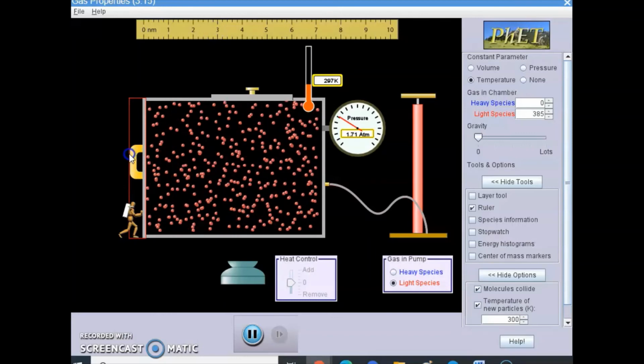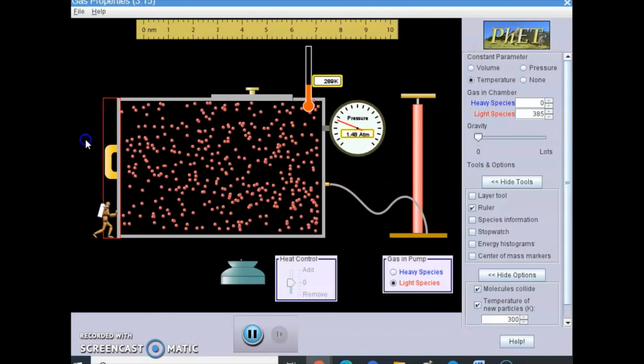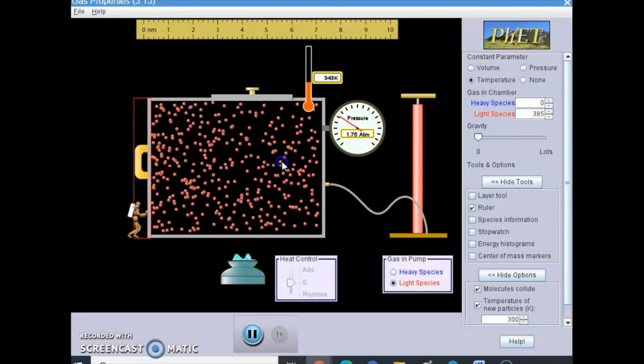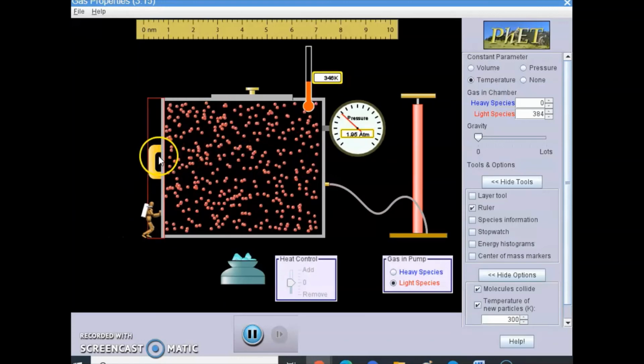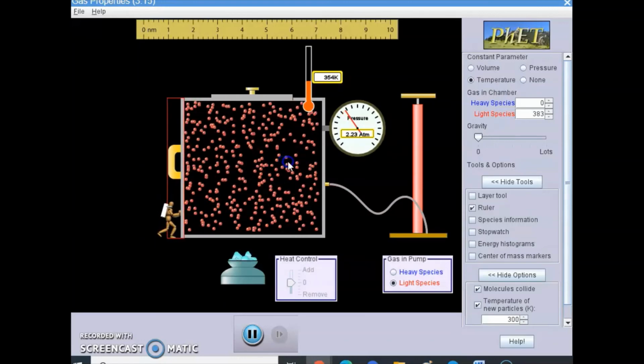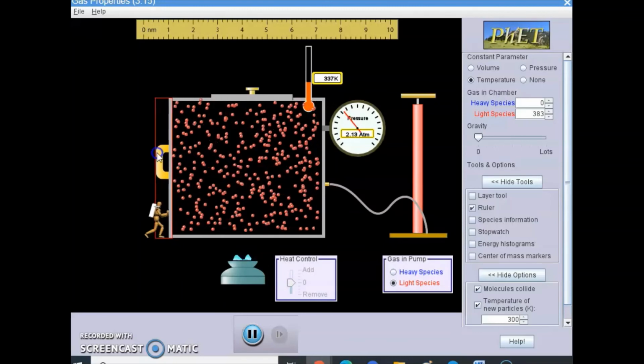The ruler. We can see that as we decrease the volume, what happened to the pressure?